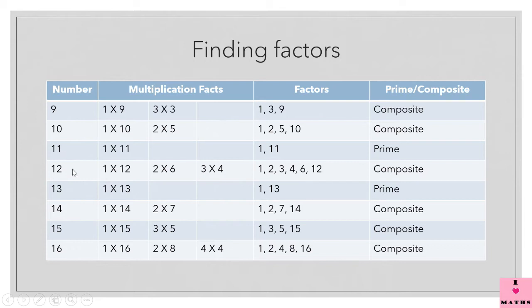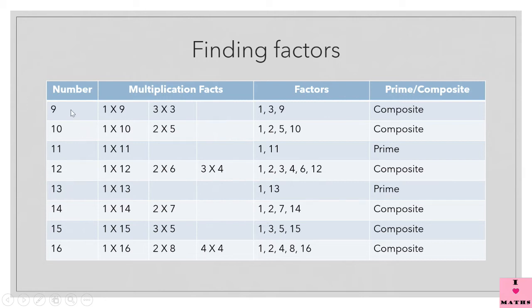So 11 and 13 are the two numbers which have got only two factors each. So 11 and 13 are also called prime numbers.